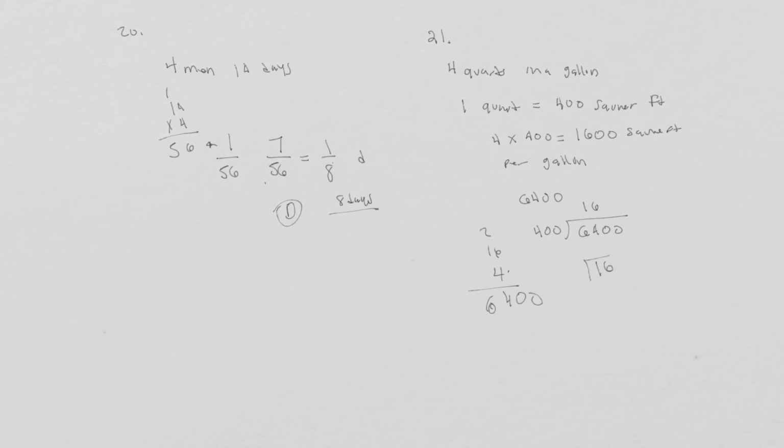Now divide this by 4. That's 4 gallons. So 4 gallons, because there are 16 quarts, would cover 6,400, and 1 quart is 1/4 of a gallon, so divide that by 4, which equals 4 gallons.